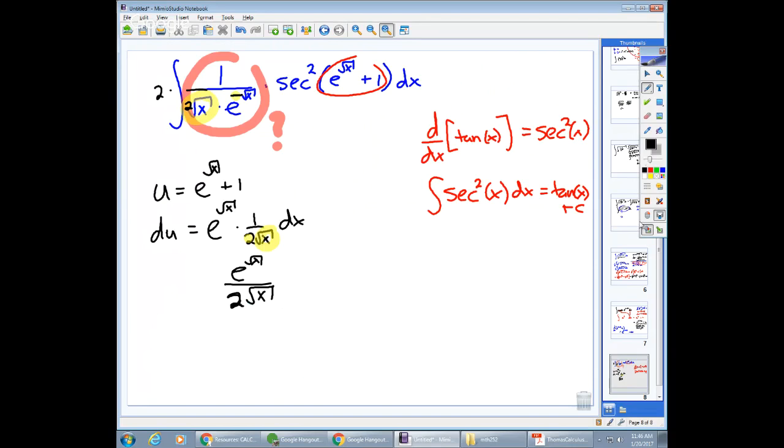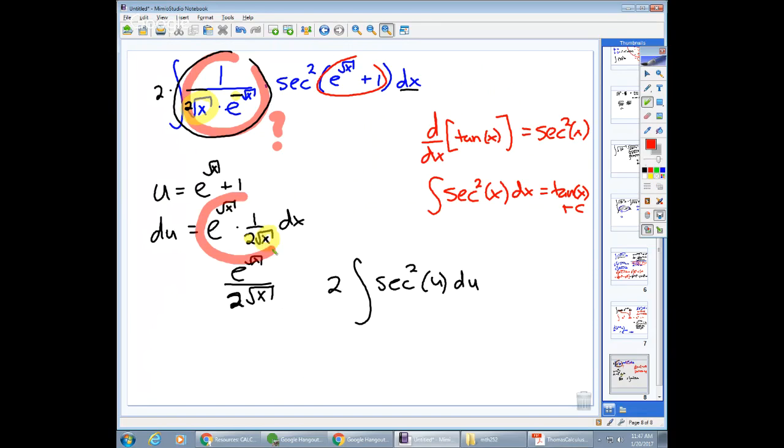So I think what we have now is twice the integral. This whole thing now is my du, and then I have the secant squared of u. Right?